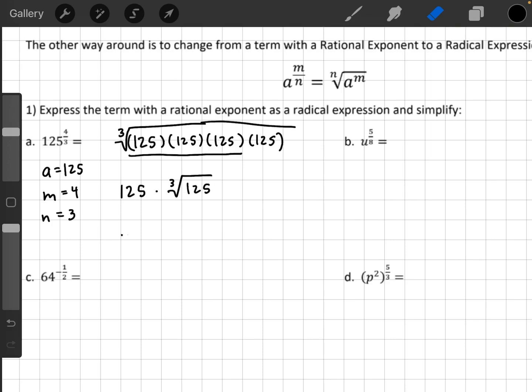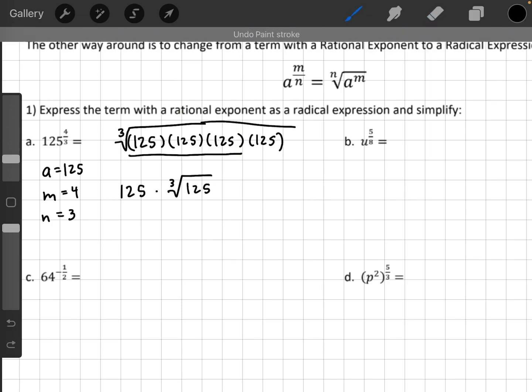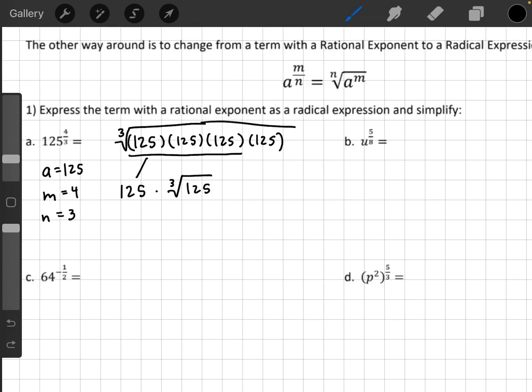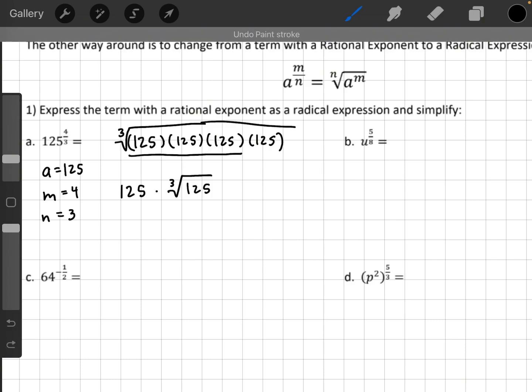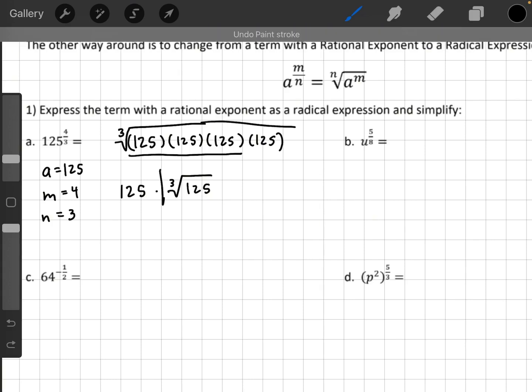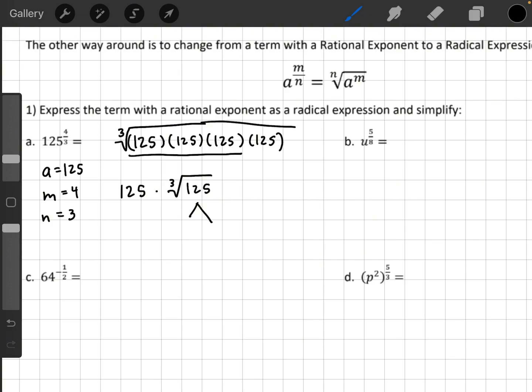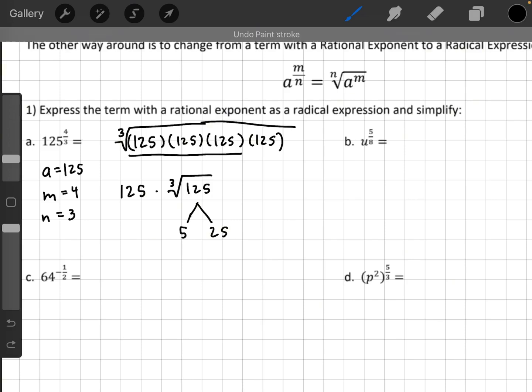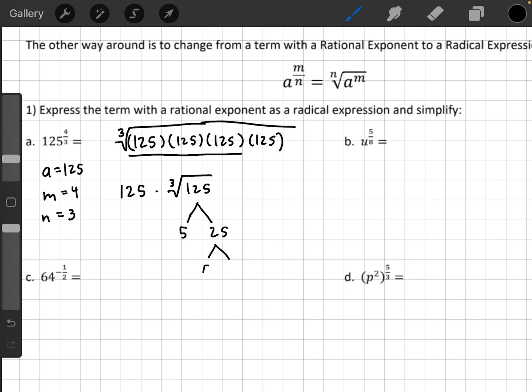So just to go over that again, we've taken this group of 3 125s outside, we've put it here. Now we're focused on this part of the expression. By creating a factor tree, we'll take out the greatest factor of 125, 5 and 25, and we'll split 25, this number here, up again into its factors of 5 and 5.